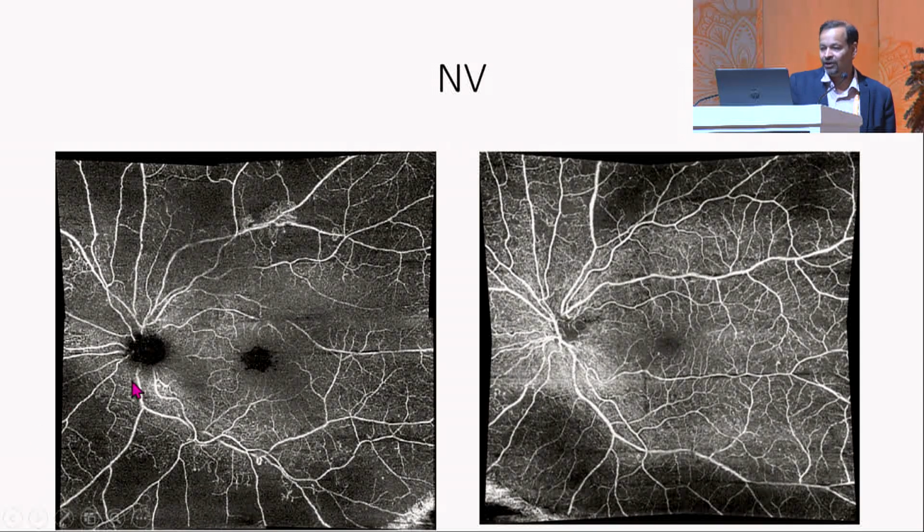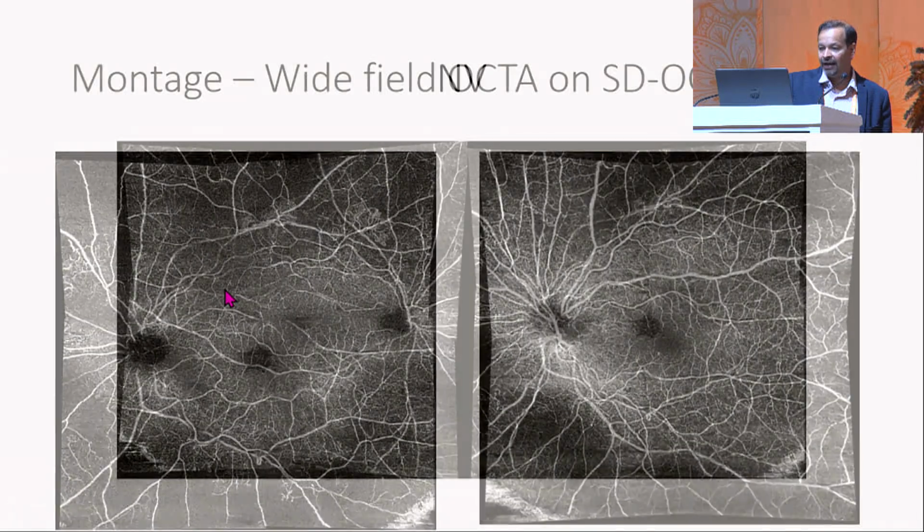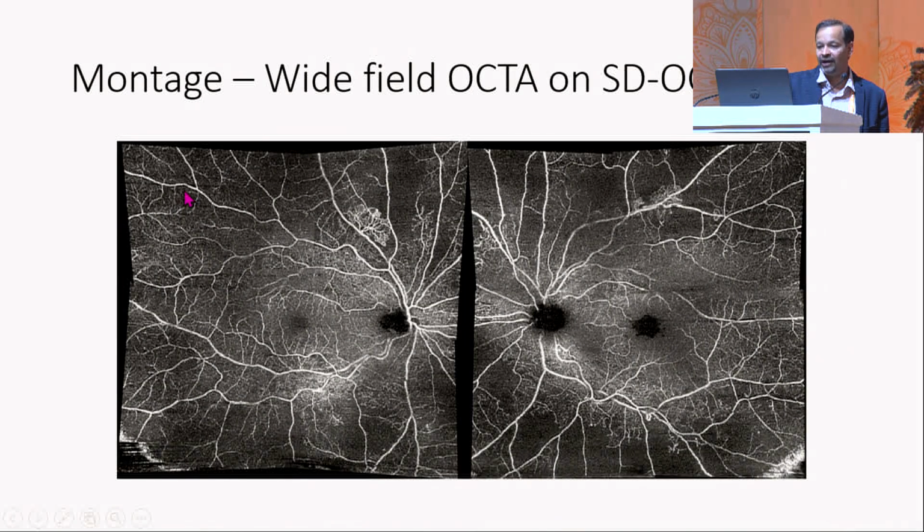So this is a patient, you can see there are many CNPs, and when you go on to do wide field OCTA in these eyes, you can very well see neovascularization as well.